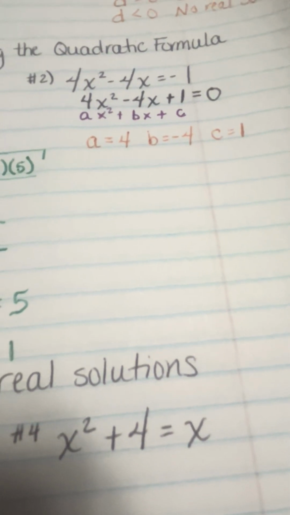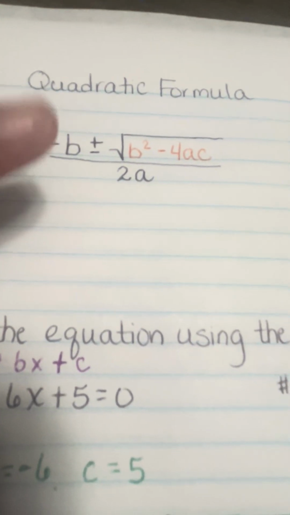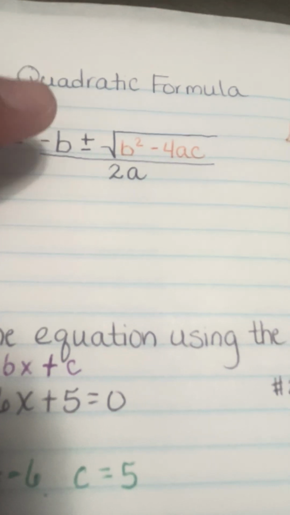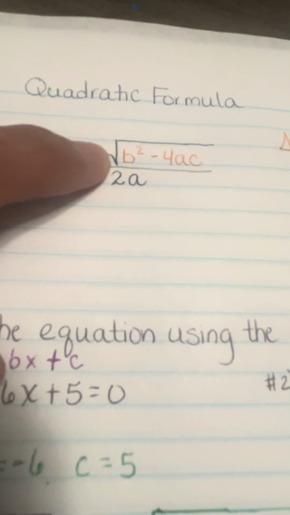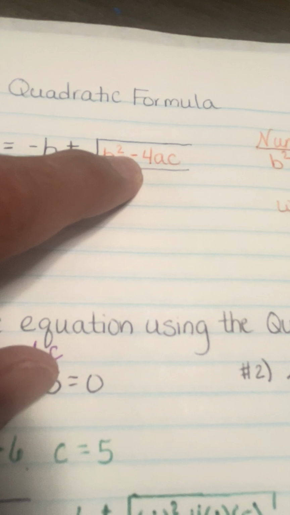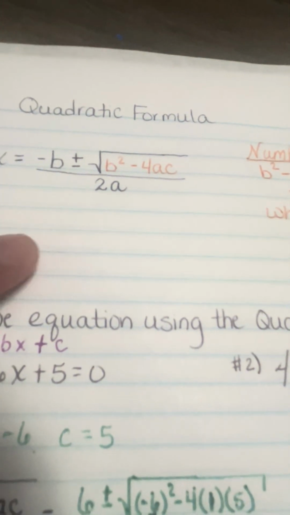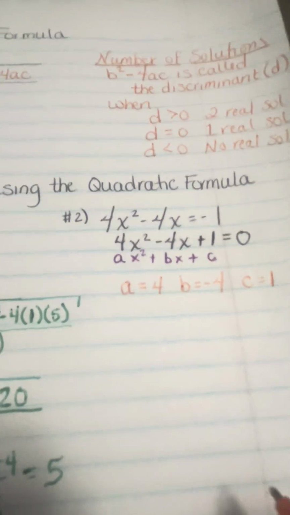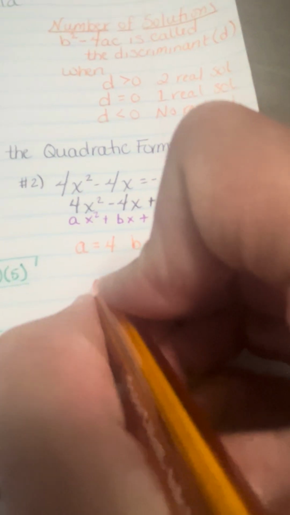And I'm going to take those three numbers and drop them into the quadratic formula. So the opposite of B plus or minus the square root of B squared minus 4 times A times C, and all of it is divided by 2A. So I need the opposite of B. So our B is actually a negative 4. I need the opposite of that.